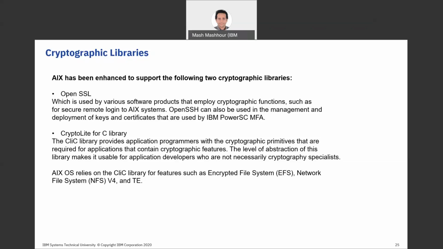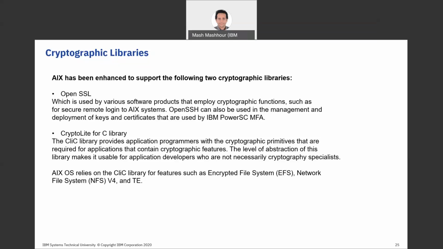The other thing for cryptography is the CryptoLite for C library, which we call CLiC. The CLiC library provides application programmers with the cryptographic primitives that are required for applications that contain cryptographic features.